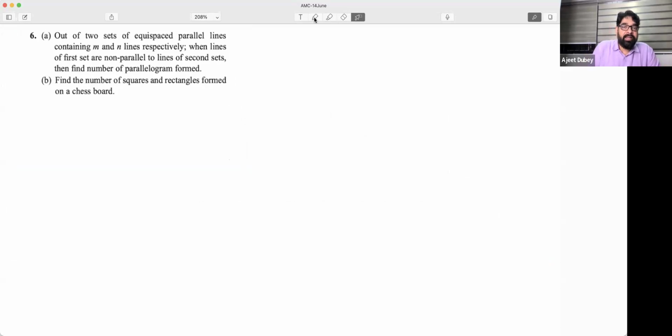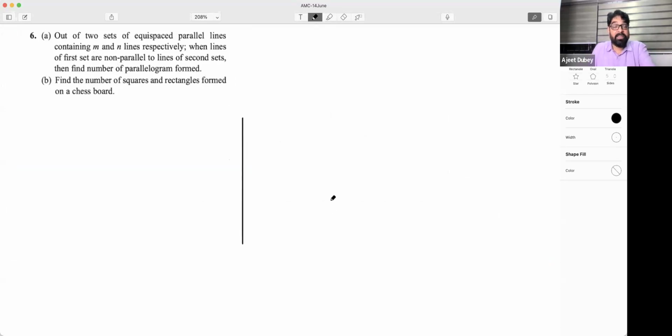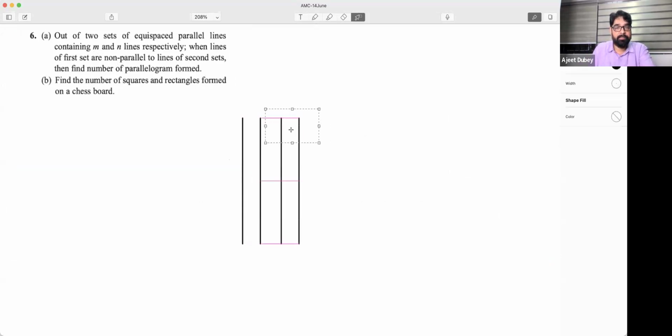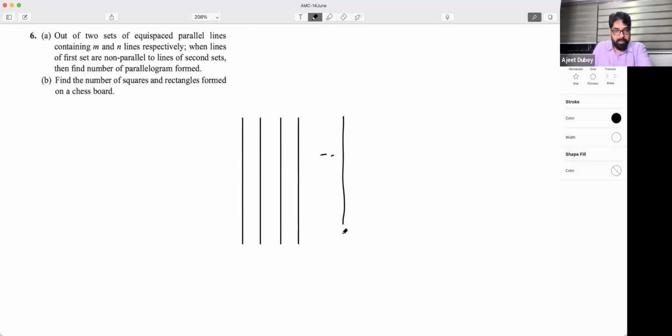Coming to the 6th question. Out of two sets of parallel lines, the meaning is what? There is one set of m parallel lines. This is equidistant, m equidistant parallel lines.